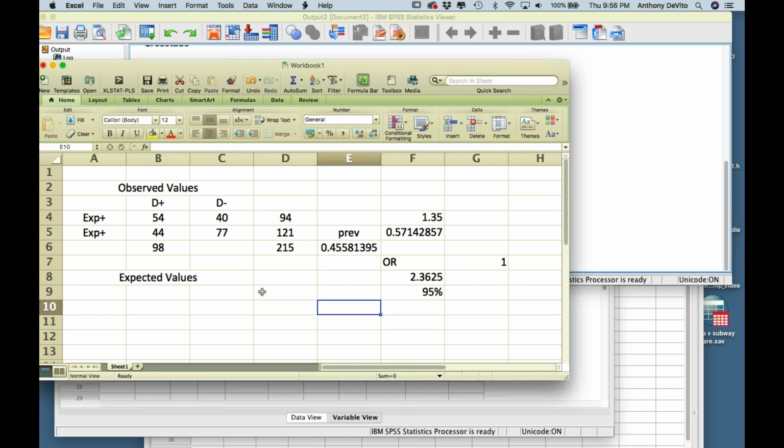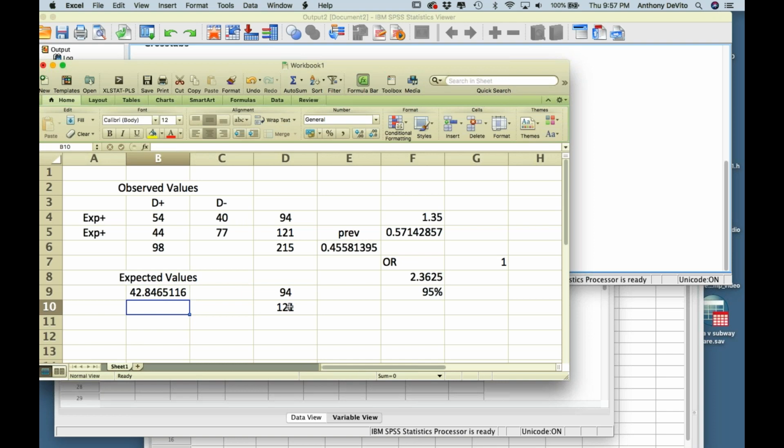So if we make up a new table where there's 94 people that smoke and 121 people that don't smoke, how many people that smoked would we expect to have this disease? Well, it's going to be equal to 94 times the percentage of the population that has the disease overall, right? We expect to get 42 people.